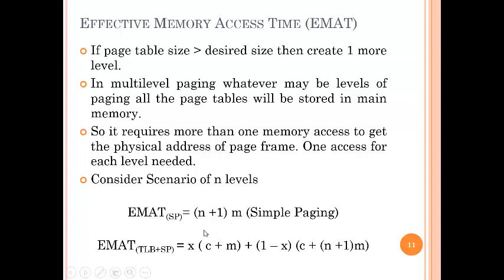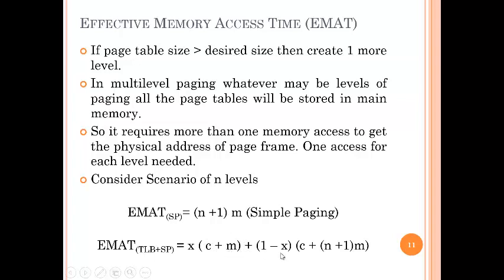access time. We can speed up this time, and we will use TLB. Here x is the hit ratio. If the page is available in the TLB, we don't require this much amount of memory. We have to access c for the TLB plus one time memory access.